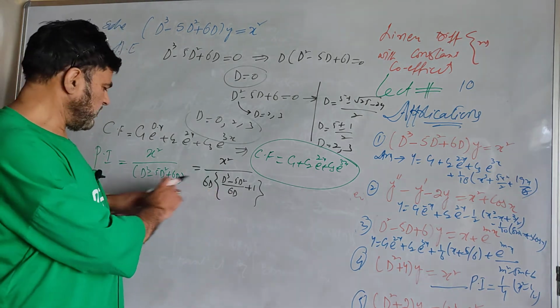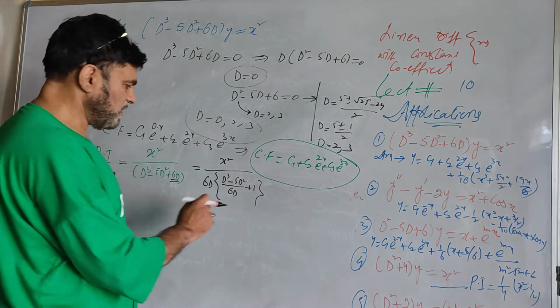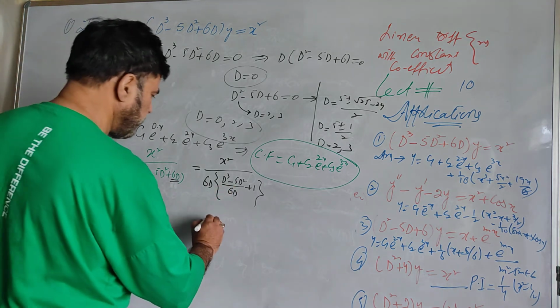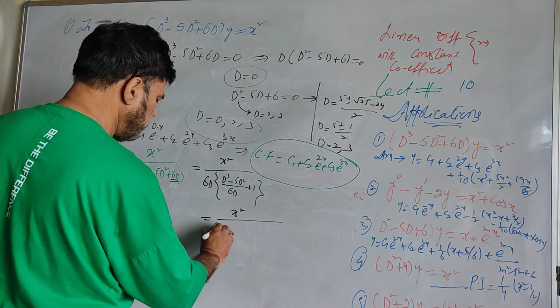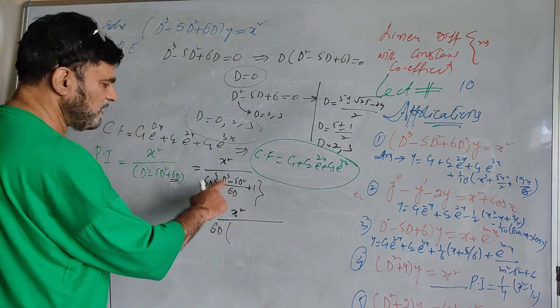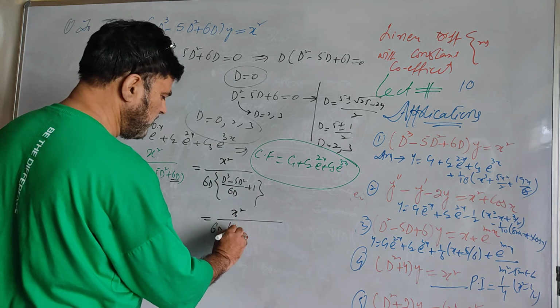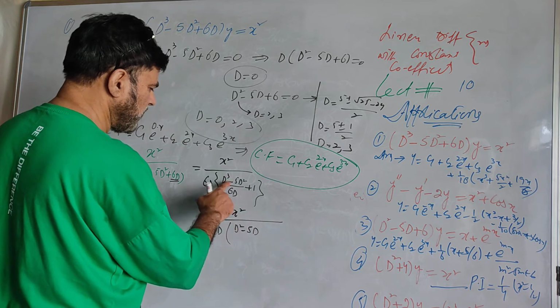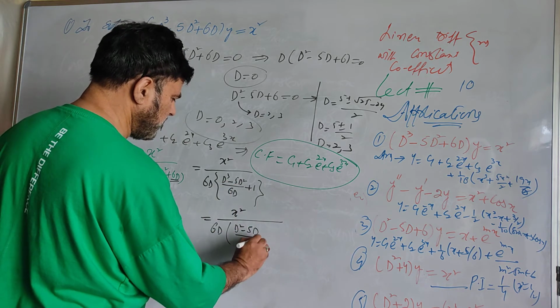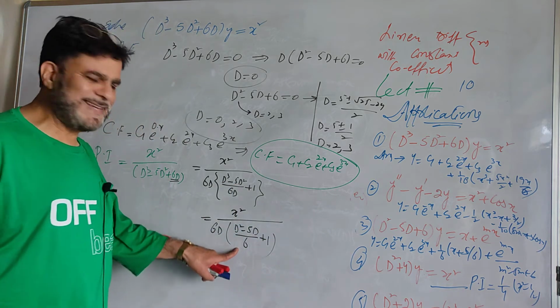So when you take 6d, you are dividing by this 6d. This will be x square by 6d. If we divide by d, taking d common, it is d square minus 5d by 6 plus 1. This is your psi of d.